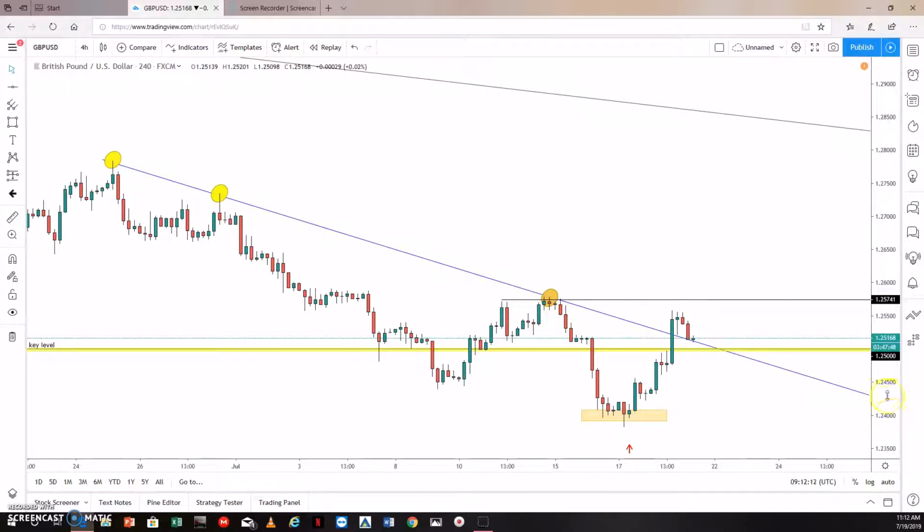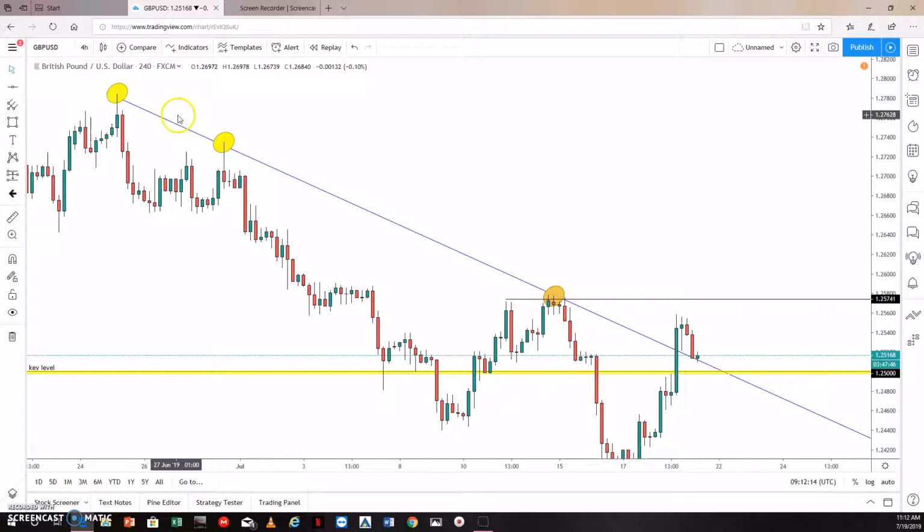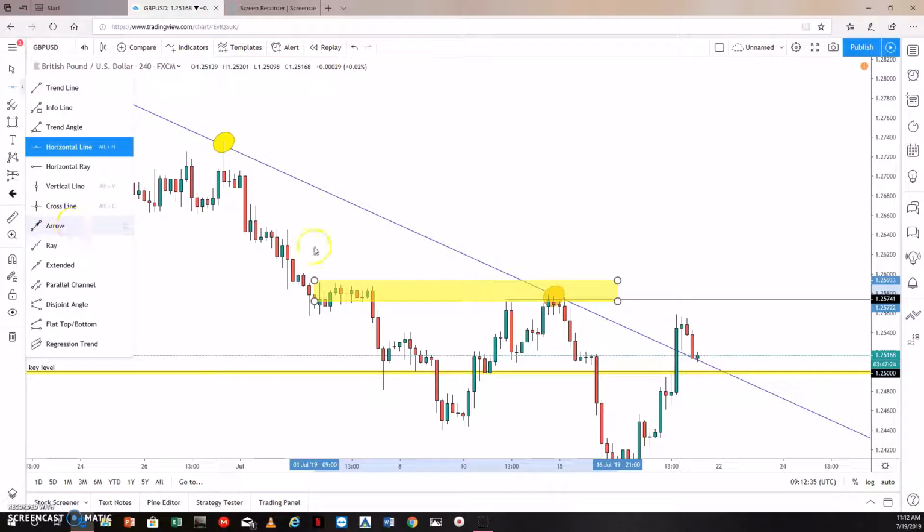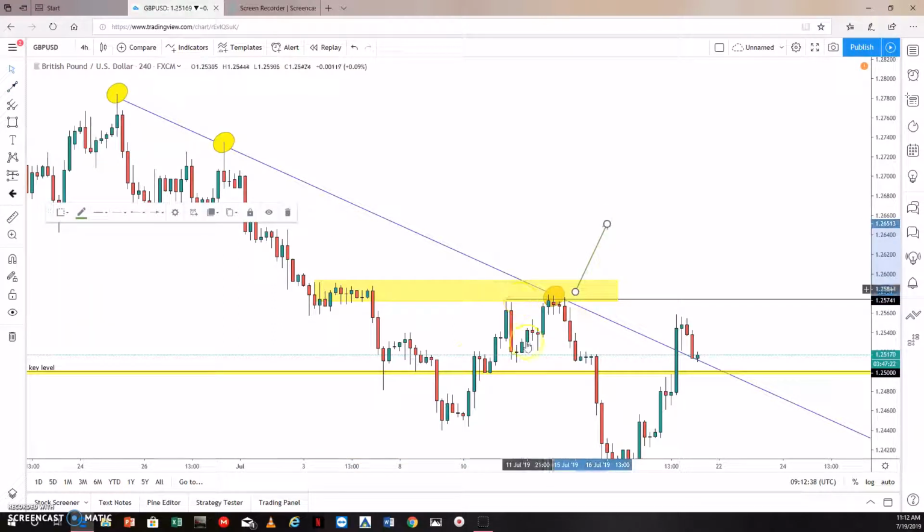And I had posted that since we had one hit, and then a second hit, and this was our previous swing high before the drop, if price goes beyond this region, meaning upwards, it would invalidate the bearish trend.